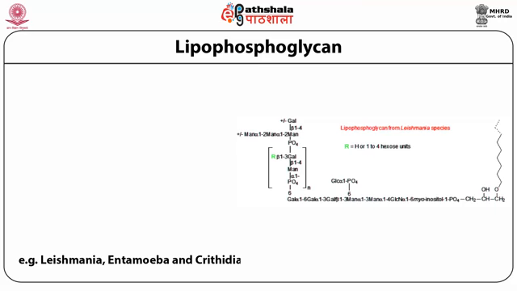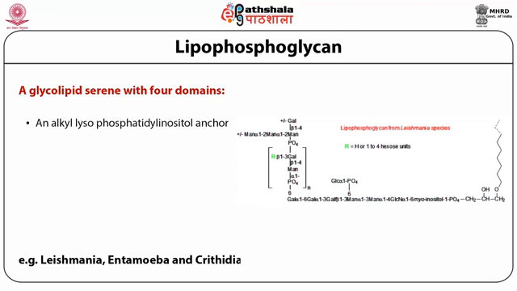This lipophosphoglycan is a glycolipid that consists of 4 domains. The first domain is an alkyl lysophosphatidyl inositol.